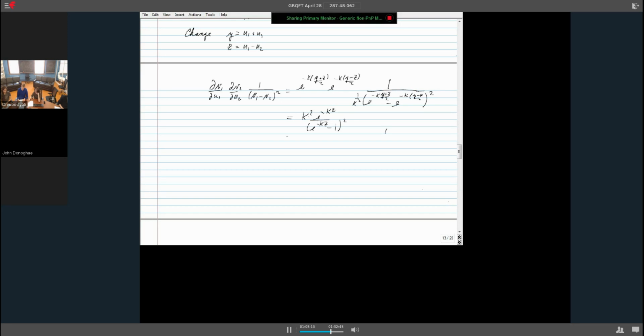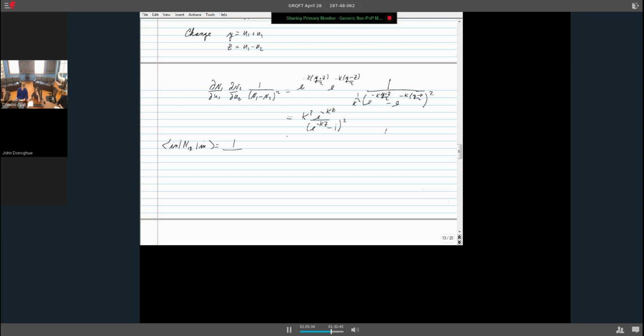The first factor is e to the minus kappa (y plus z)/2, e to the minus kappa (y minus z)/2 is the second factor.